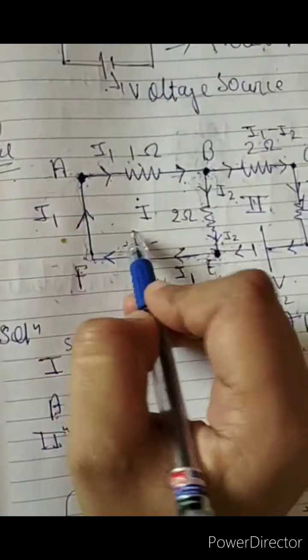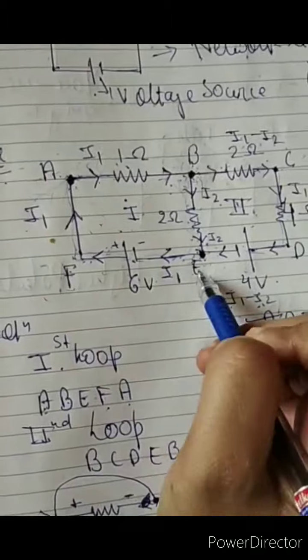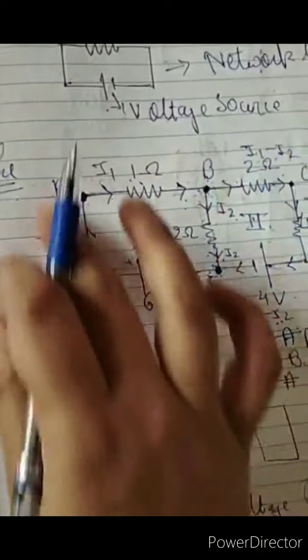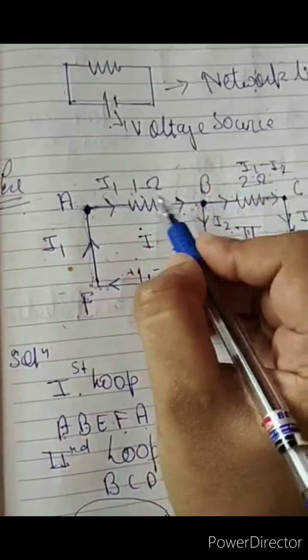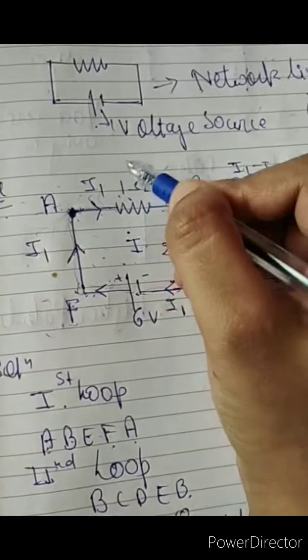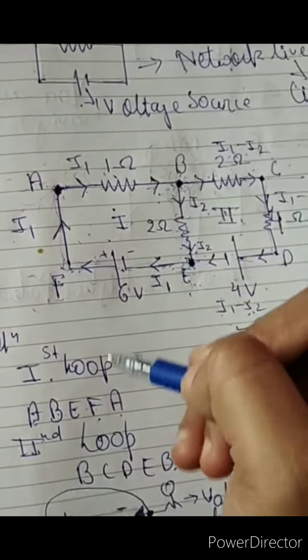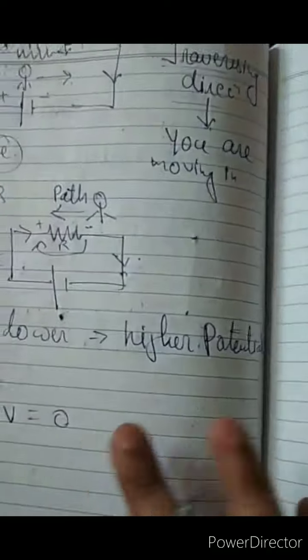For example, in the first loop A, B, E, F, A, this is my closed loop. There may be a voltage rise at some point, there may be a voltage drop at some point. So overall voltage change is equal to 0. So let's check it.